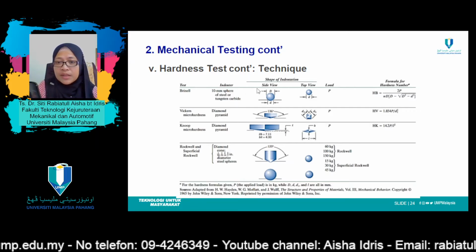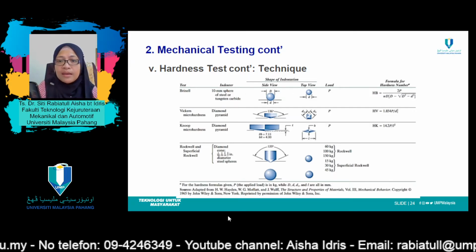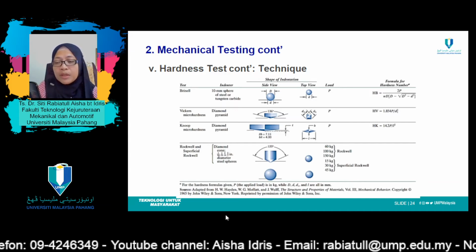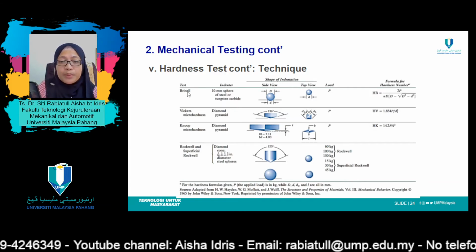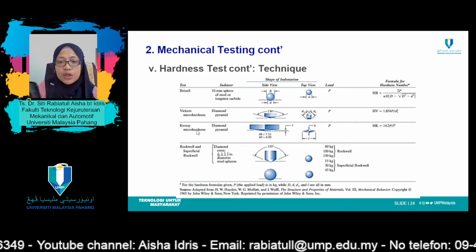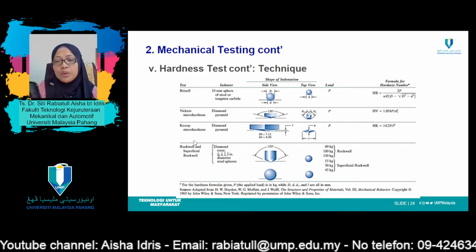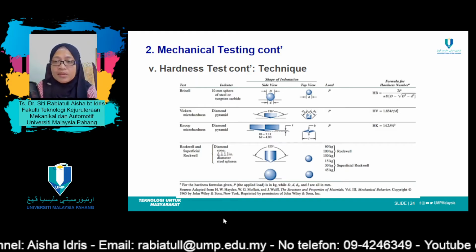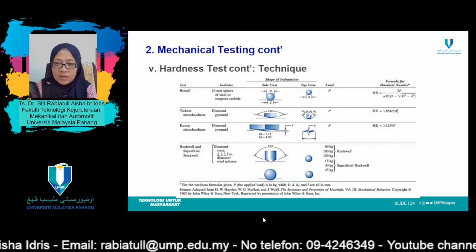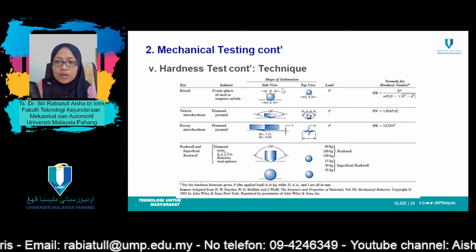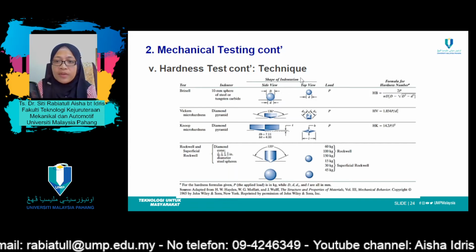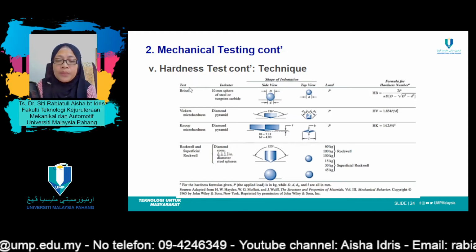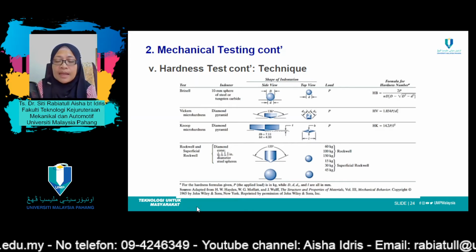This slide summarizes the techniques available in the market. For example, Brinell, Vickers, Knoop, Rockwell. So you can see the differences of each technique for the hardness test over here. Even the shape of indentation itself is different among the test techniques.